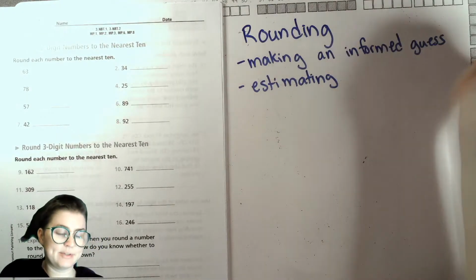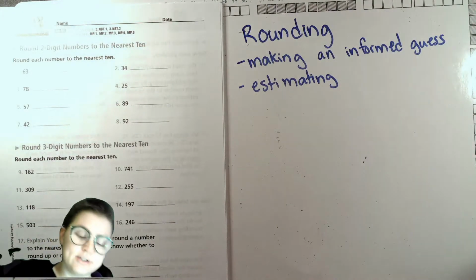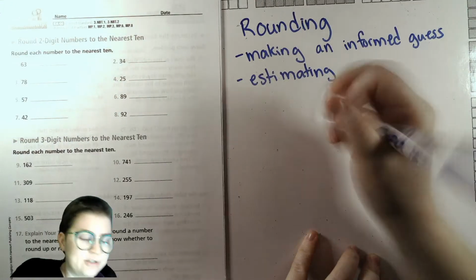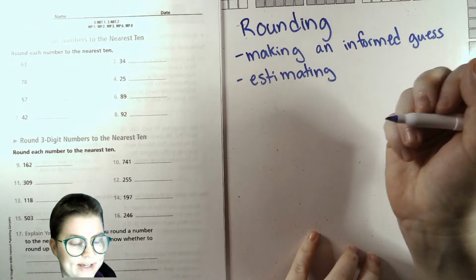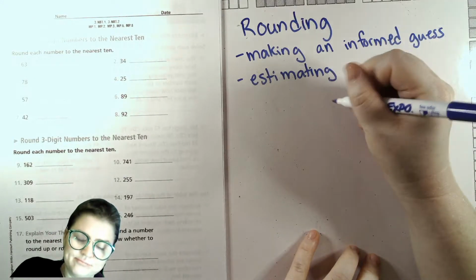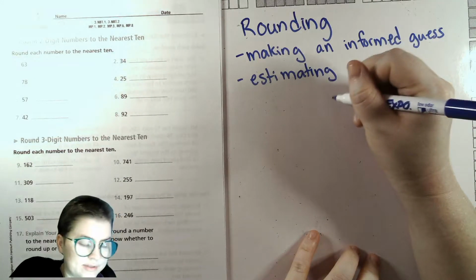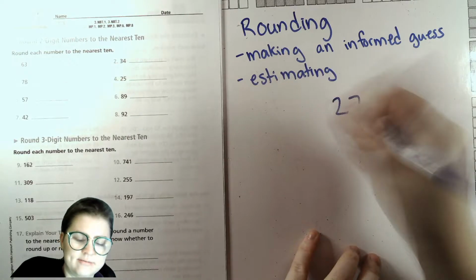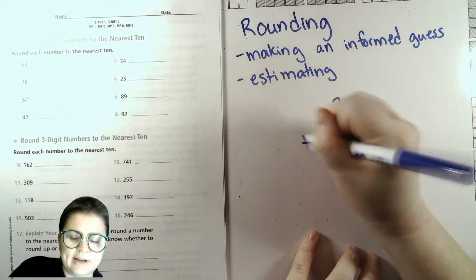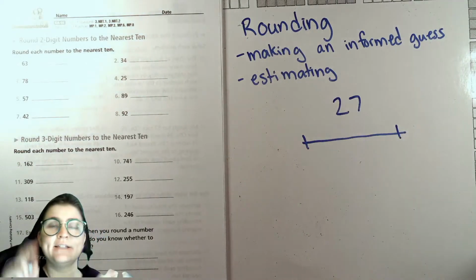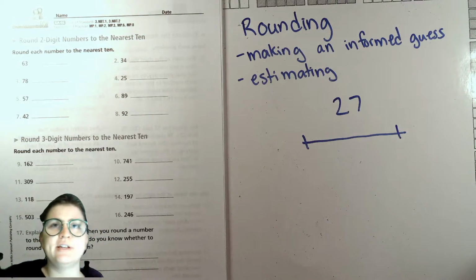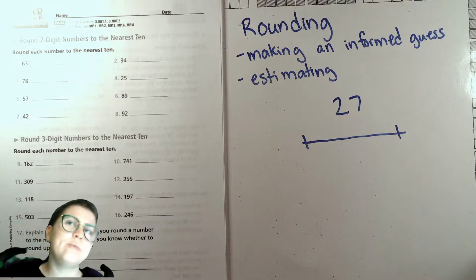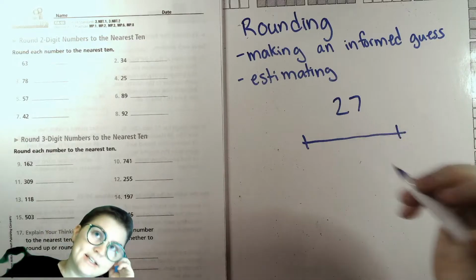And last time we talked about a strategy that we can use where we place the number on a number line. So if we have a number like, let's say, 27, we identify which 10, so like 10, 20, 30, 40, 50, or like 150, 160, 170, which 10 is it closest to.